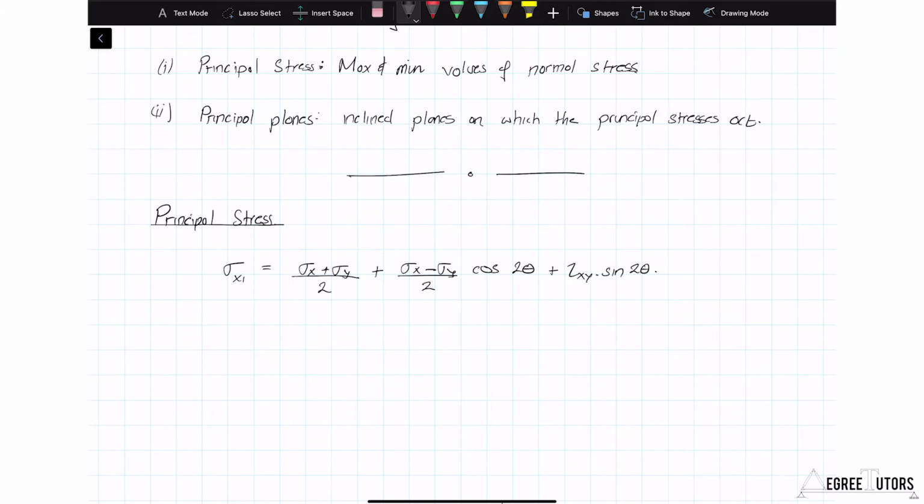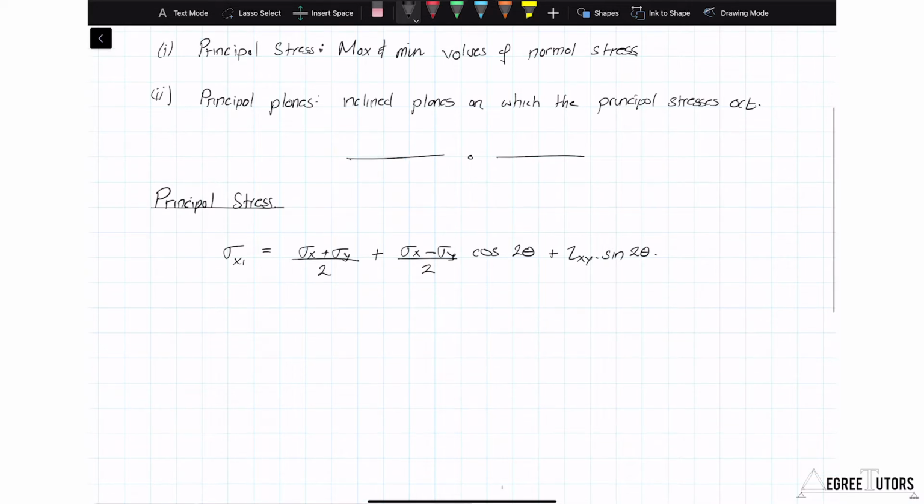And what do we do when we want to find the local maximum or minimum of a given equation? Well, we differentiate it, because in this case we're going to differentiate with respect to theta, and that is going to give us an expression for the slope of that curve at any given point. We've got an equation that's describing a wave, something like this.